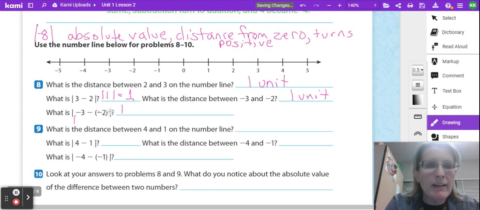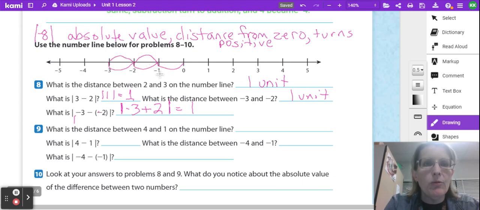So -3 plus the opposite of -2, which is +2. Now if I solve it, -3 plus +2 on the number line, I would start at -3, move 1, 2, and I'll end on -1.